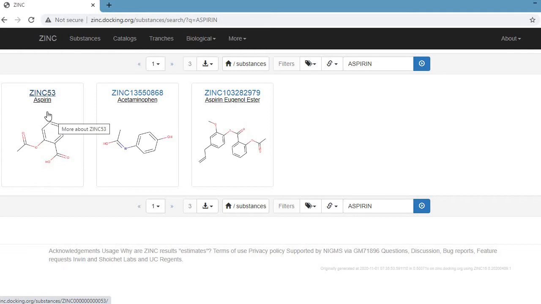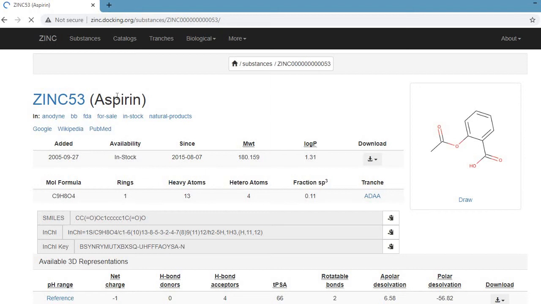Suppose I click on the first one. So here is the various information related to aspirin. This is the structure.